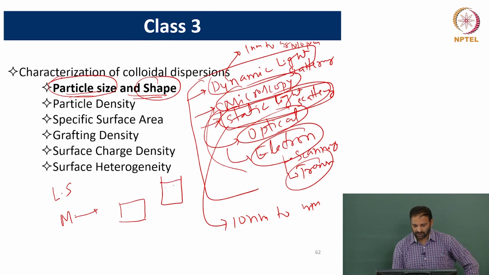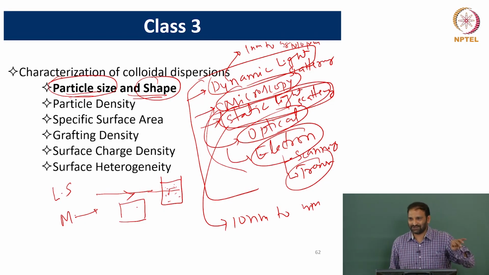However, when you look at light scattering techniques, you have a sample in which there are particles, and you have a beam of light that falls onto the sample. A beam of light has some dimension, right? People talk about a 0.1 millimeter beam and things like that. Now, people talk about what is called a scattering volume.